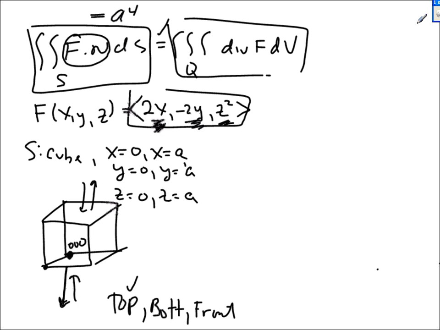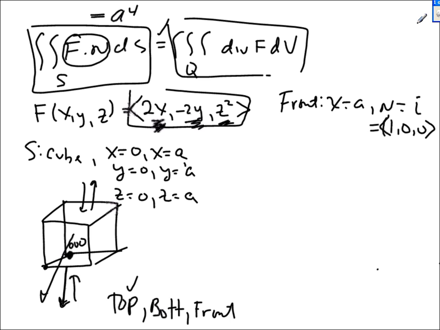When it comes to the front, that's when x is equal to a. And n is going to be positive i, because it's going in the positive x direction.